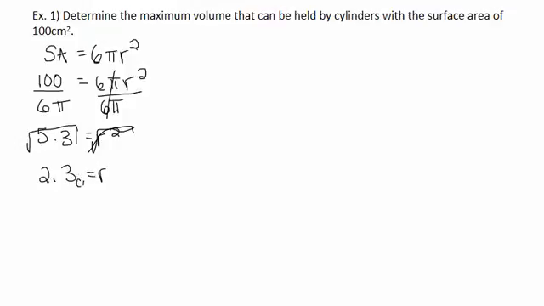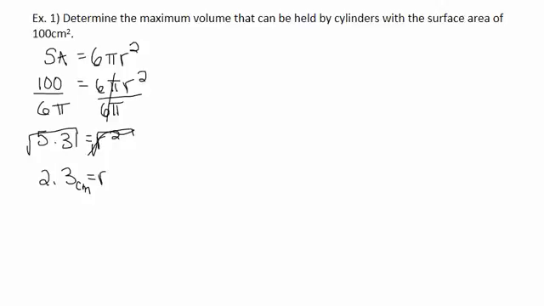So let's take this value and plug it into the volume formula to find our maximum volume. So volume is equal to 2 pi r cubed. And now let's plug in that 2.3 centimeters for our value of r.